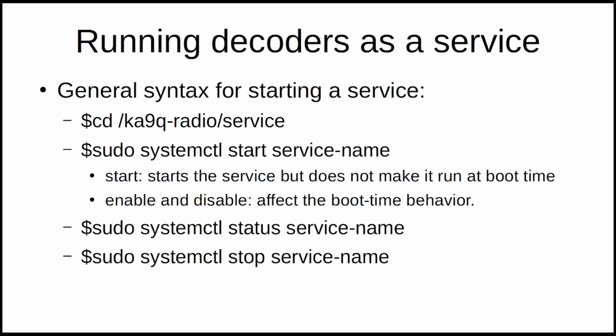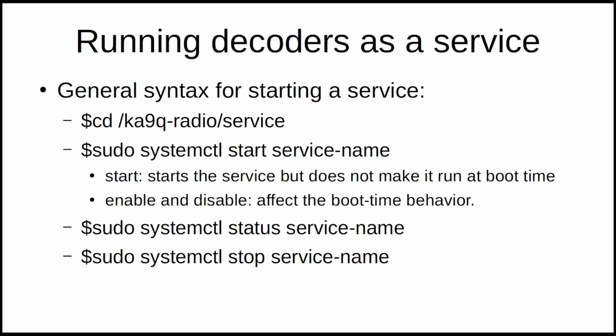In this example, we're going to run the decoders as a service. In general, the syntax for starting a service is to change to KA9Q-radio/service, and then once in the KA9Q-radio/service directory, you'll need to sudo systemctl start and the service name.